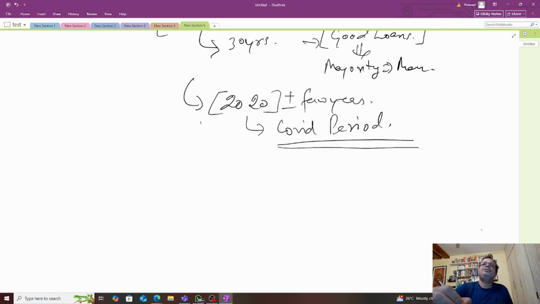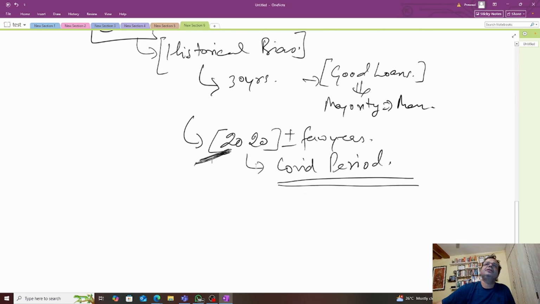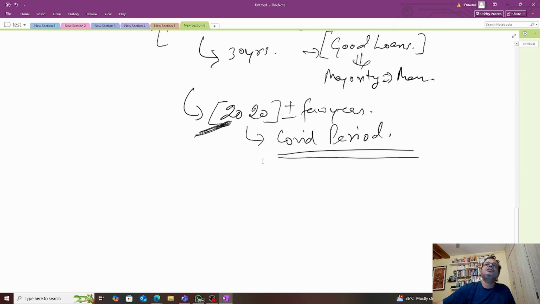So this kind of historical data can also give you some patterns which are not supposed to be there. Because of a particular catastrophe, or a particular reason, the behavior of people changed, and if you integrate this kind of data, it is going to give you a very biased outlook, that people tend to travel less, or people sit at home. So that's the historical bias.